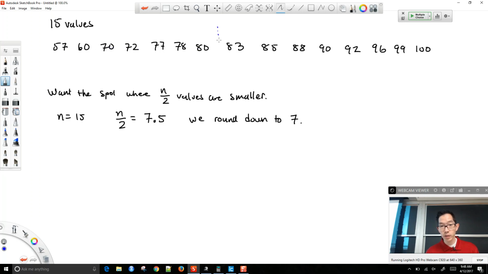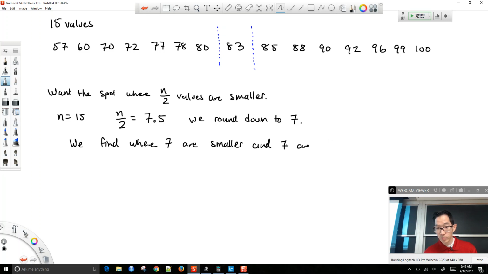I'm going to draw a dotted line over here. I also want 7 values larger, so I'm going to count in 7 from the top, 1, 2, 3, 4, 5, 6, 7. So we find where 7 are smaller and 7 are larger. In this case, my median is the value 83. This is my median.